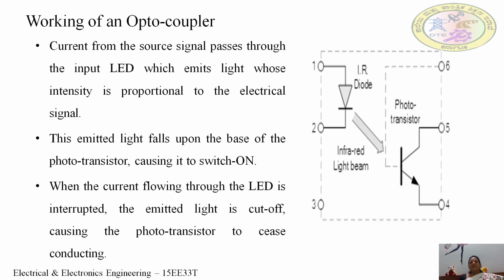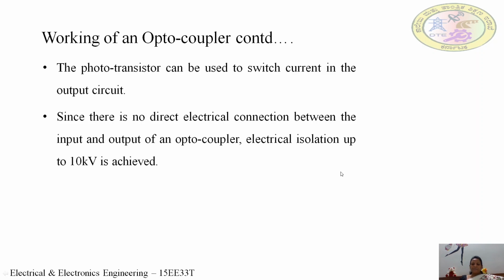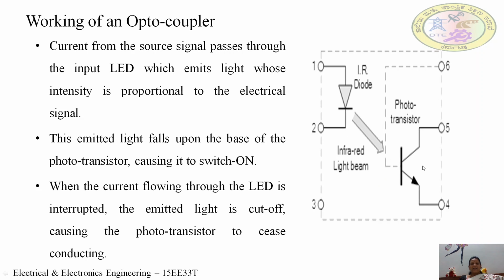Now let us look into the working of an optocoupler. So in the picture shown here, the light source is an LED, an infrared light LED. At the same time, the light detector used here is a phototransistor. So as I said, the light detector can be a photodiode, a phototransistor, or a photo Darlington transistor.